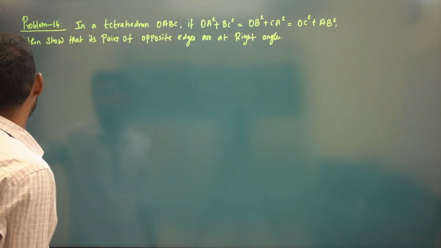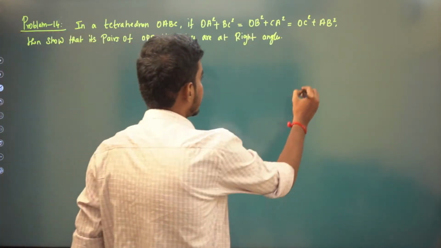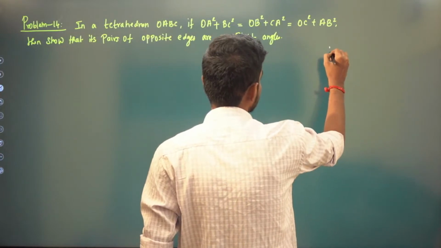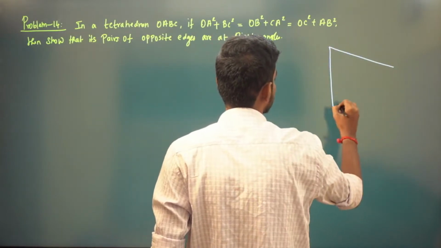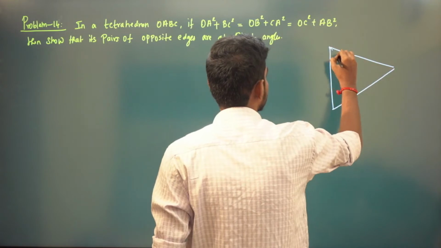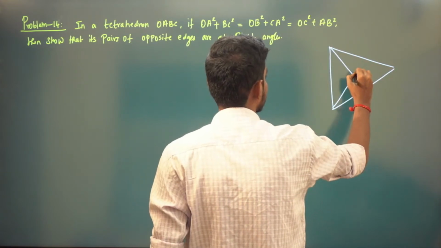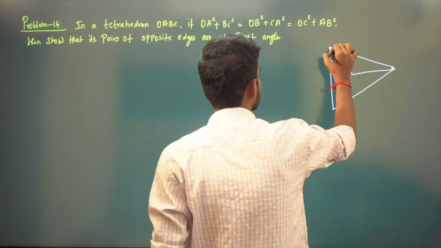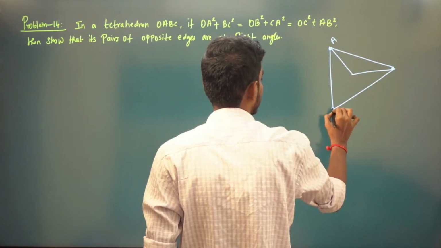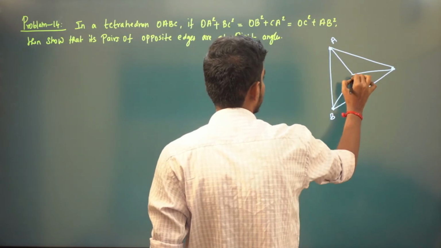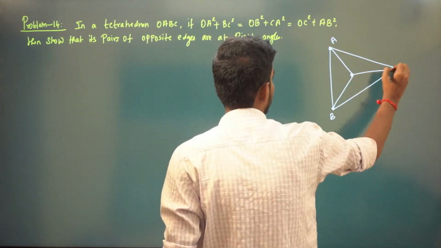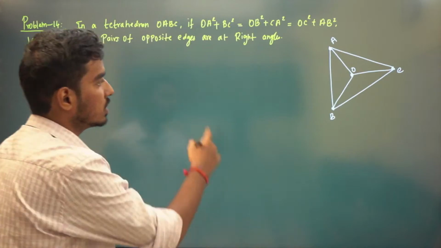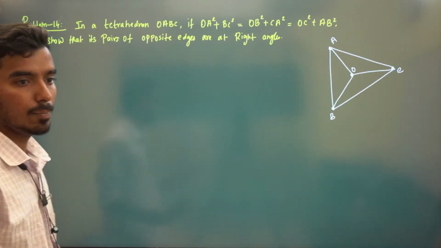So we have a tetrahedron. We have A, we have B, we have C, and we have the origin. These opposite edges need not always be perpendicular.